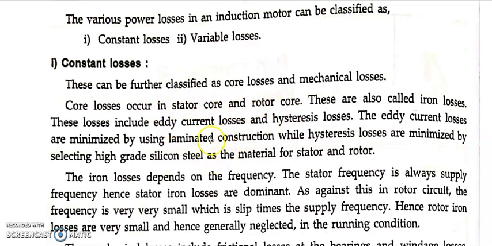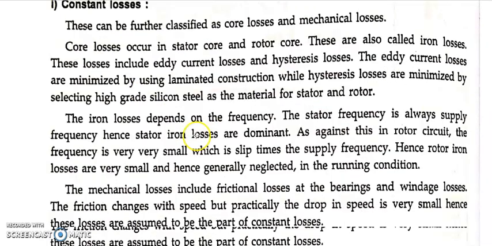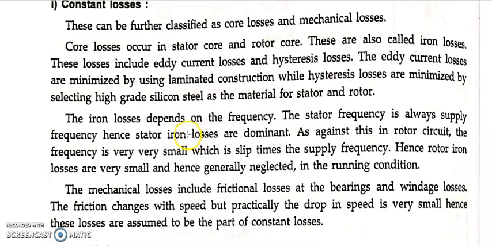Constant losses are further divided into hysteresis loss and eddy current loss. So how do we reduce them? Firstly, hysteresis losses: we can reduce them by using thin silicon steel material for both rotor and stator.